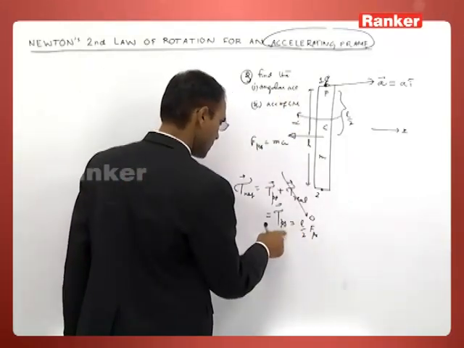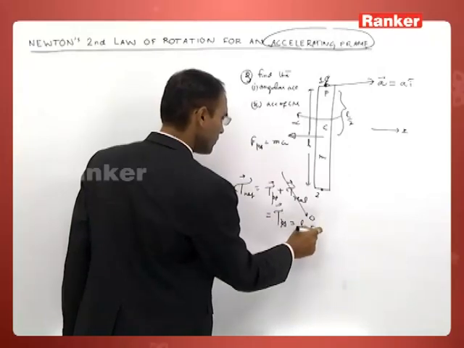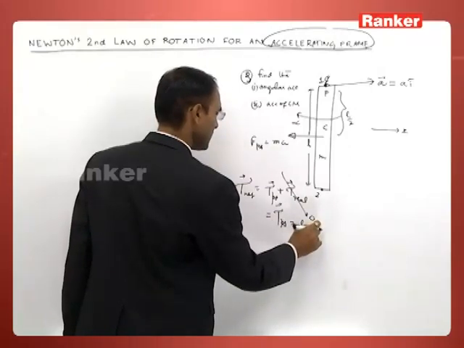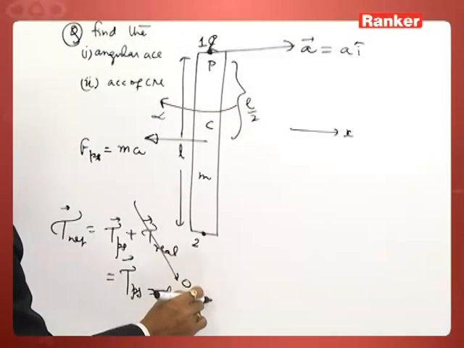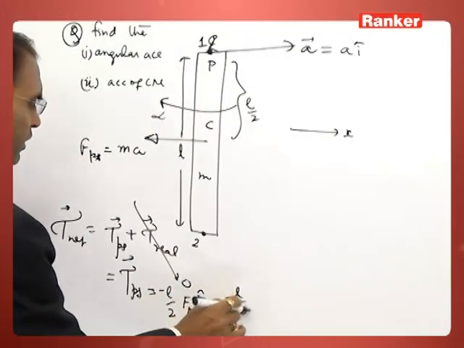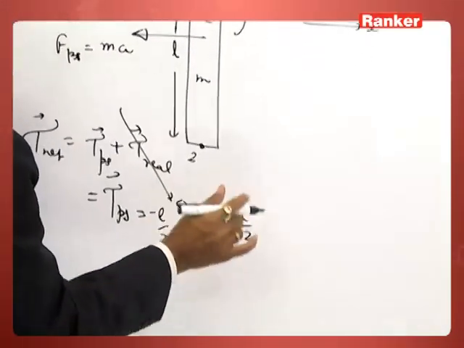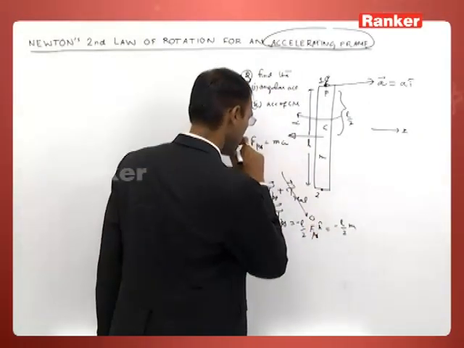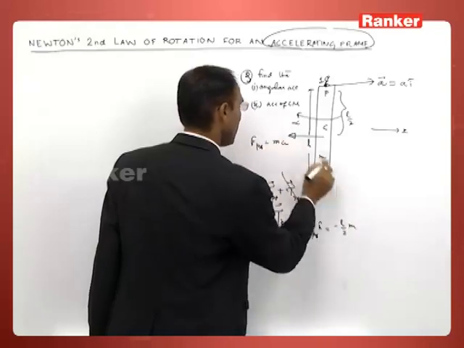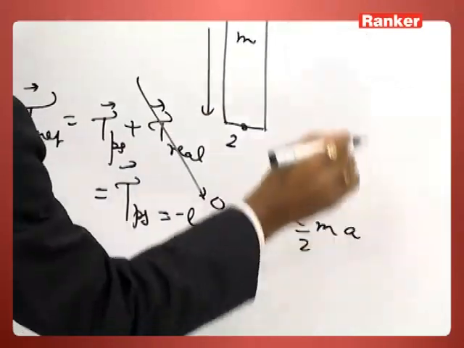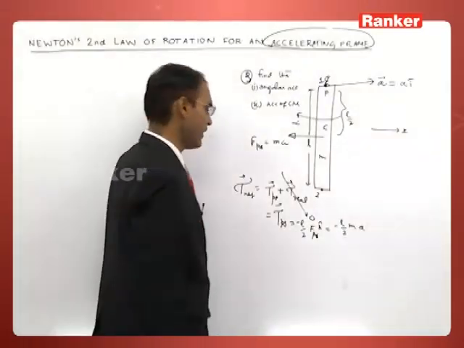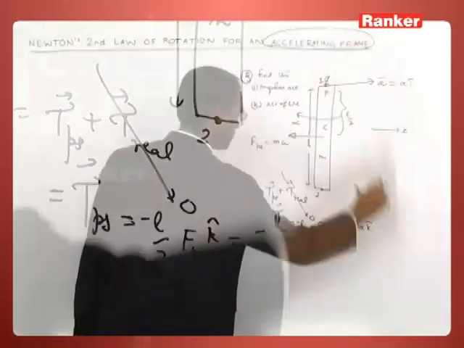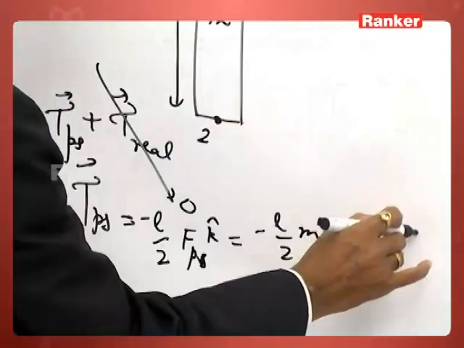So pseudo torque is equal to L by 2 into pseudo force in minus k cap direction. Pseudo force is equal to mass of the object into acceleration of the reference point in inward direction.